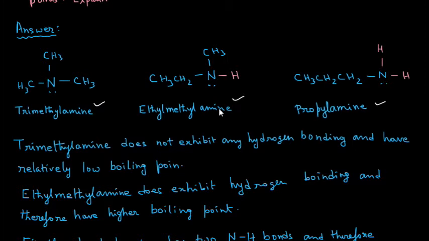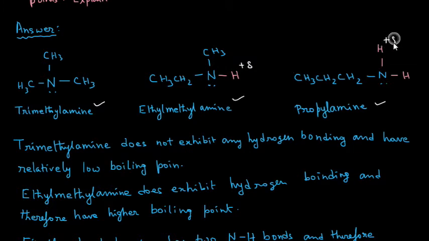Here you can see the red hydrogen. It is connected to an electronegative element, that is nitrogen. Here two hydrogen atoms are connected to nitrogen. But in trimethylamine there is no hydrogen bond. Here there is a hydrogen bond and it possesses delta positive charge.